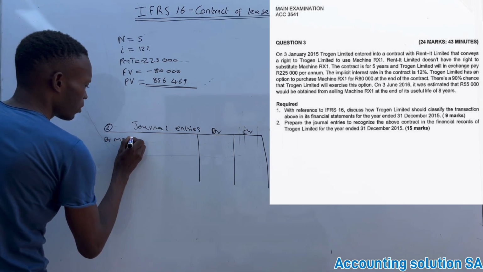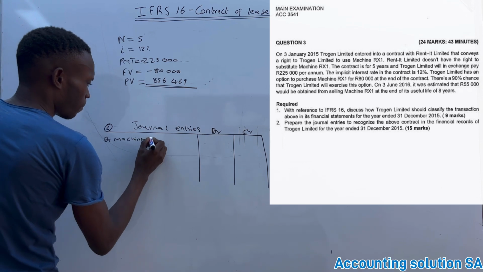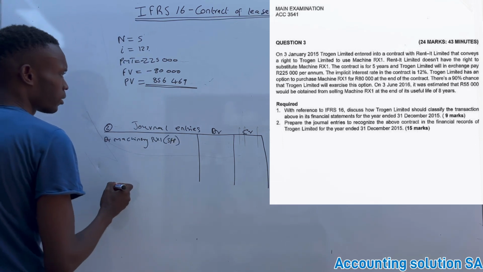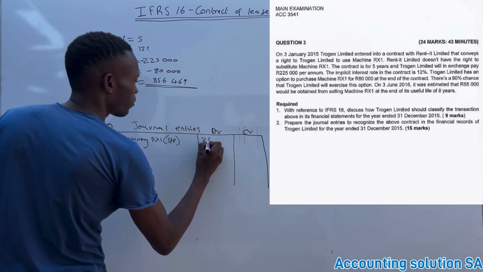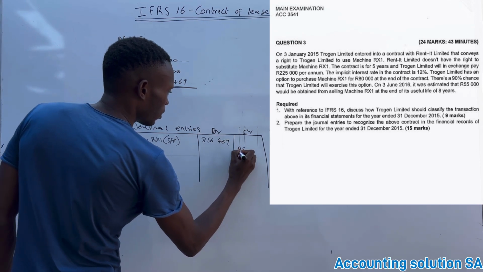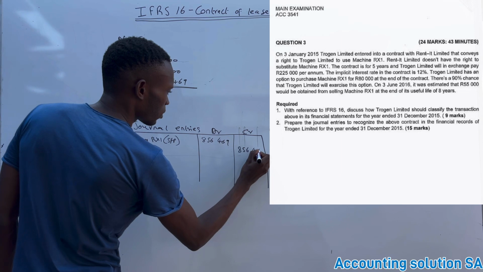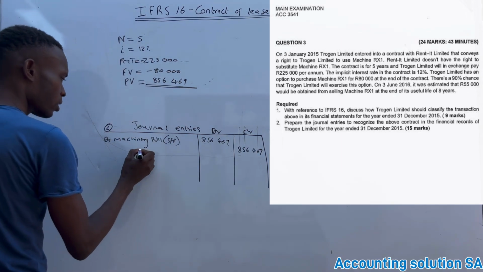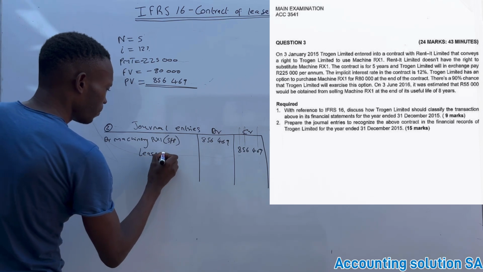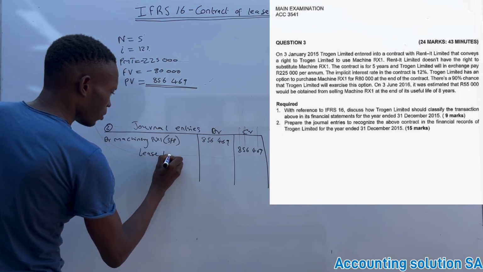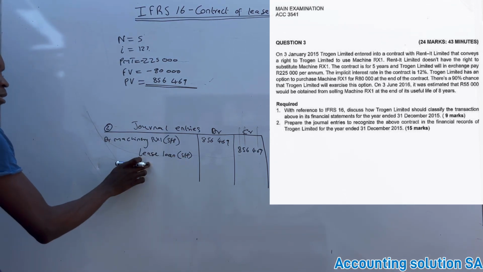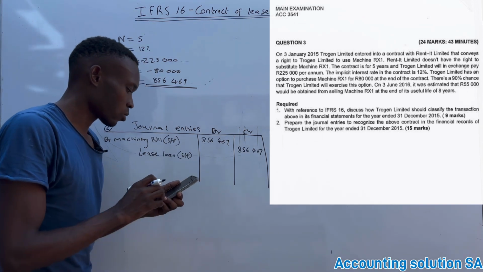We debit Machine RX1 SFP, with the amount of 856,469. Then we credit Lease Loan SFP, 856,469. Okay, liability has increased obviously and assets also increase.